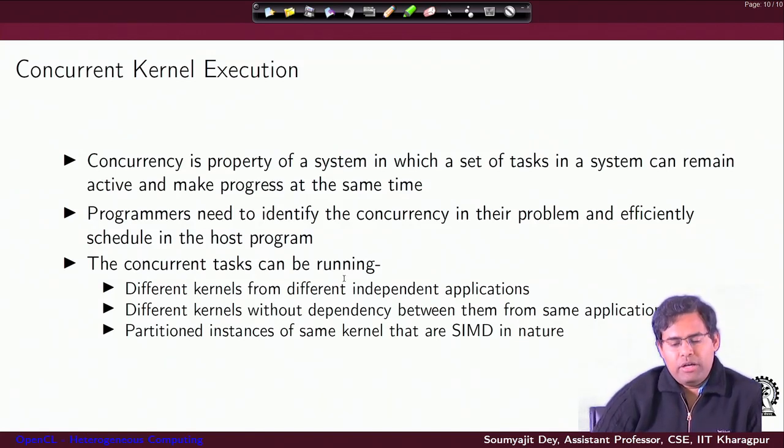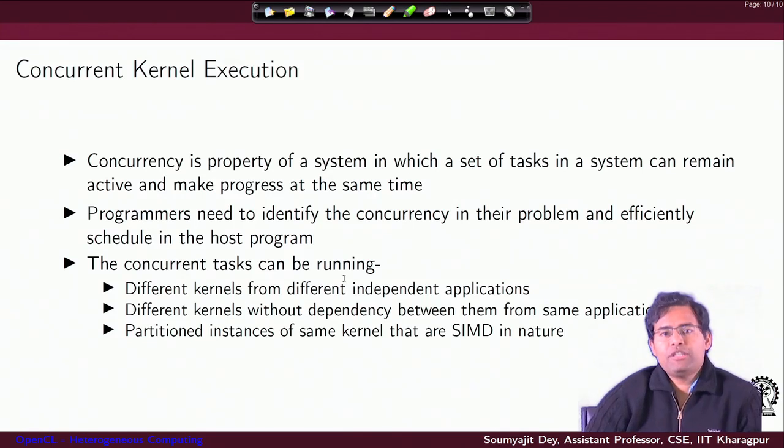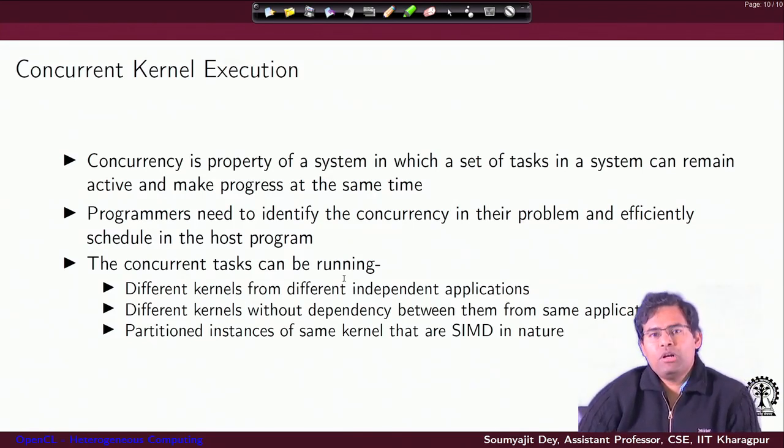The programmer would need to identify the concurrency in their problem if you want to develop a program for such concurrent execution in a heterogeneous platform. It's the programmer's job to remember the differences and abstractions, and accordingly map the workloads or kernels and their dependencies onto different devices through the abstraction of device, kernel, and platforms. The programmer also has to use events and their synchronizations to efficiently schedule the host program.